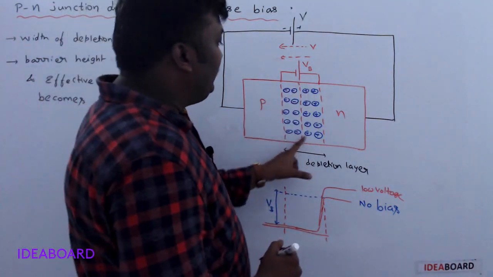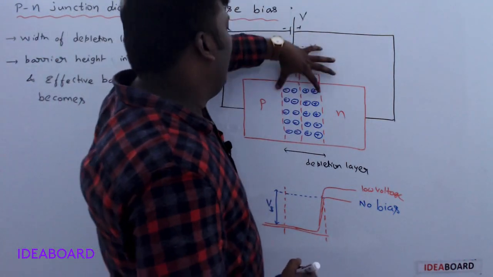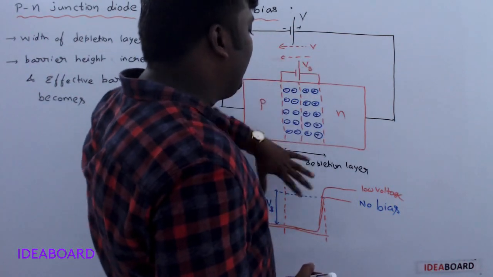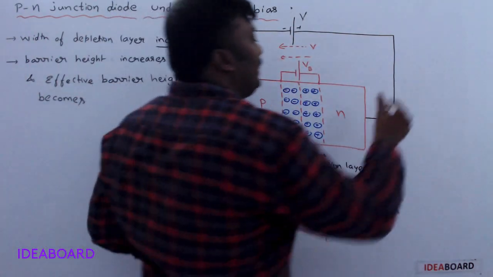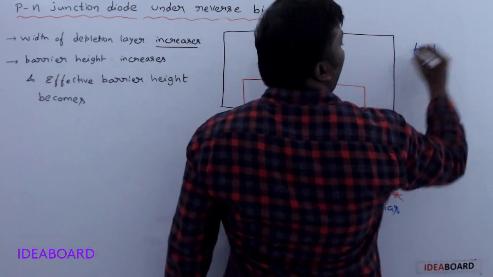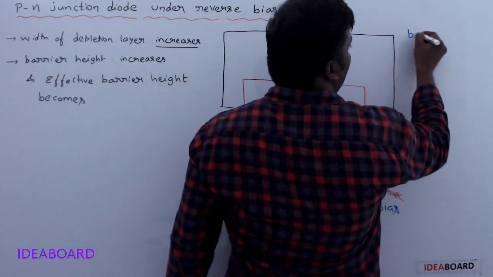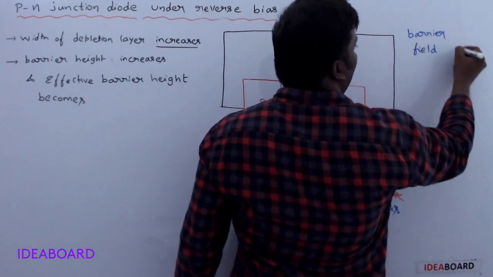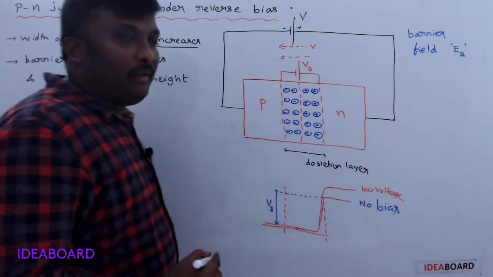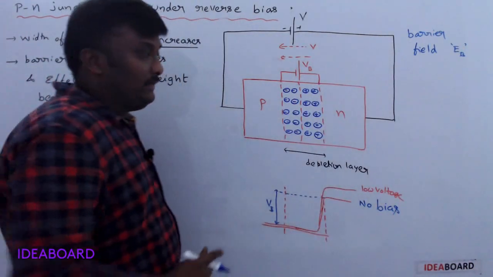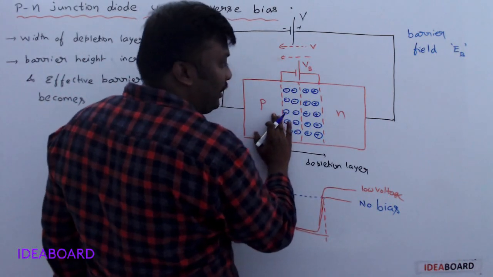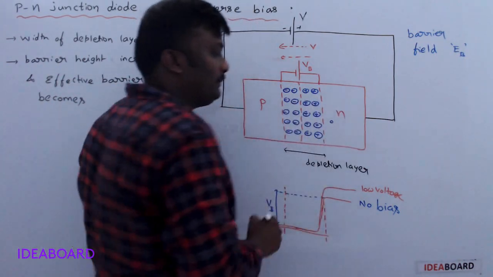Whenever the immobile charge carriers present in the barrier increase, it raises the barrier field, denoted by EB. This barrier field immediately sweeps these electrons to the N region.